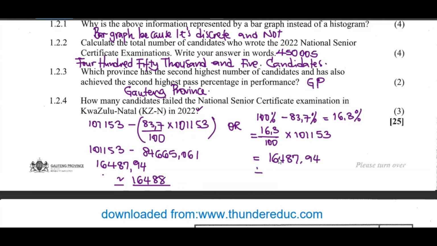We can't have a comma person, so it's 16,488 failed. You pick which method works best for you.